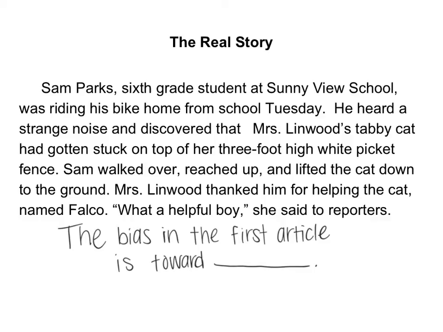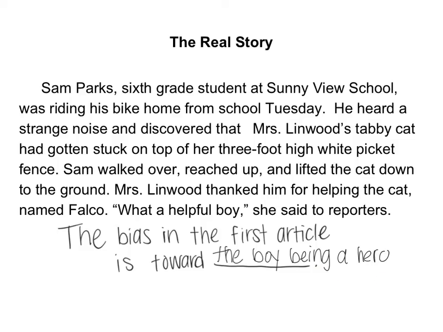What made that first one different than this one right here? Once you think you know, you will say this whole sentence to your partner. The bias in the first article is toward. So you might have said, the bias in the first article is toward the boy being a hero.